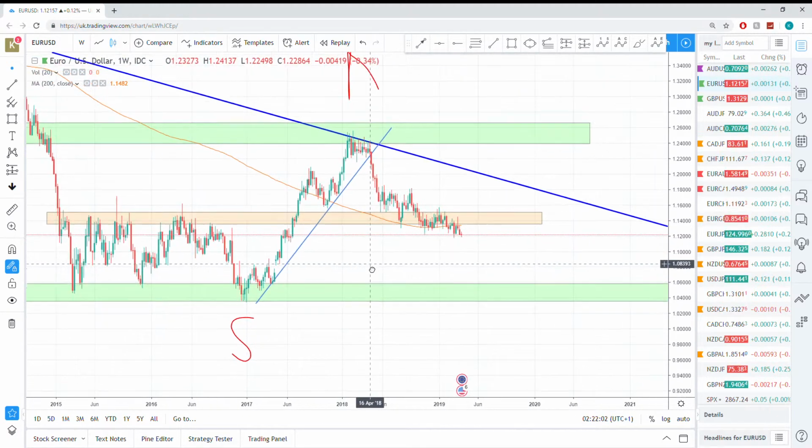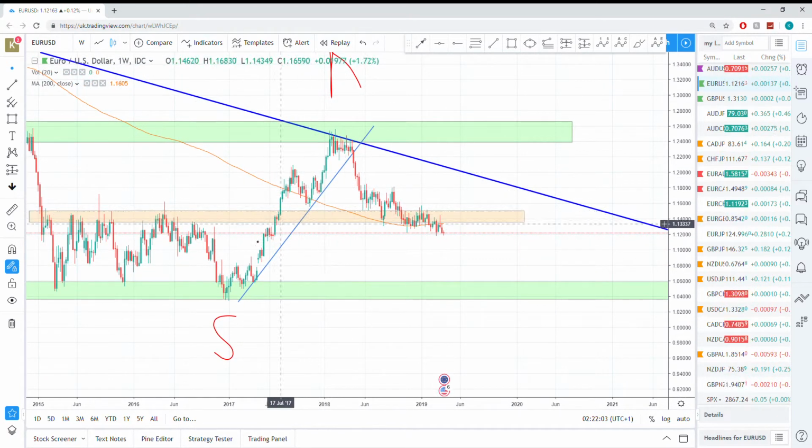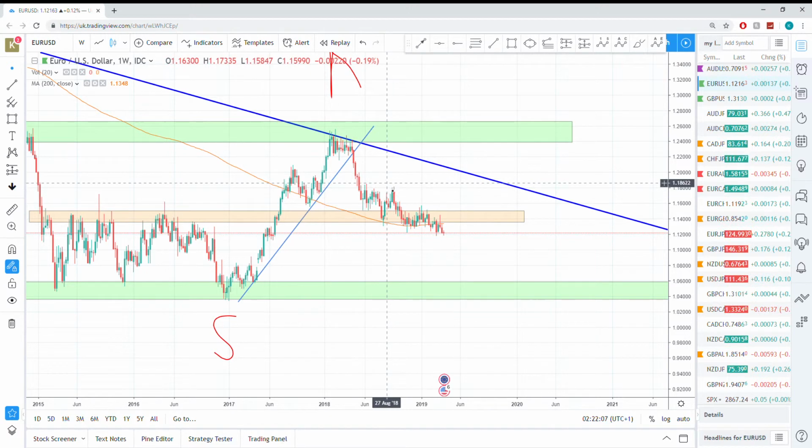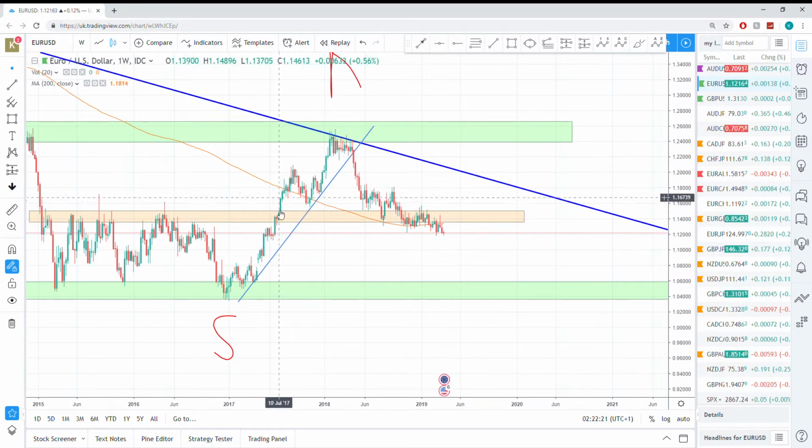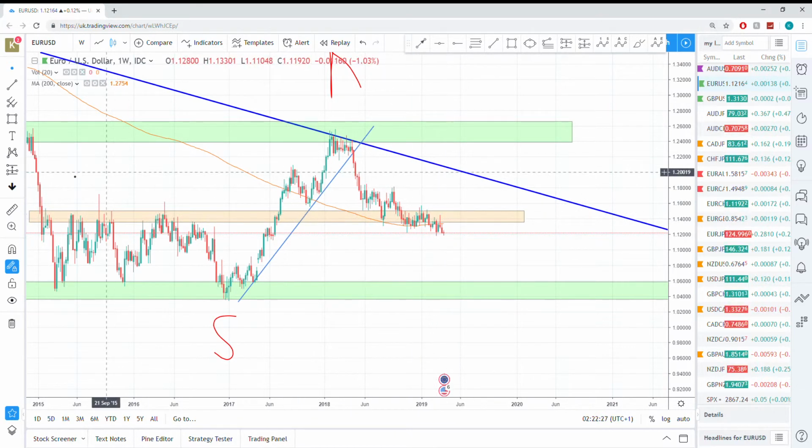So we can start to see now that price actually came down and tested this zone here, which was formerly known as a resistance bar, but it failed to become support, even though it passed the first time. So now we can presume that this area is significant as a resistance again.